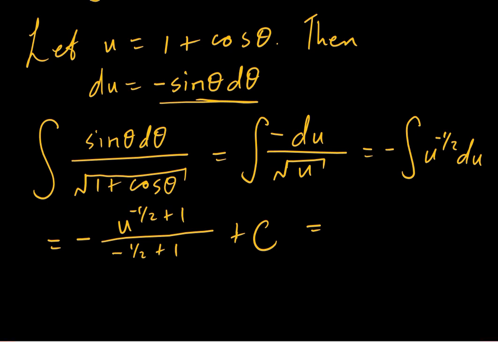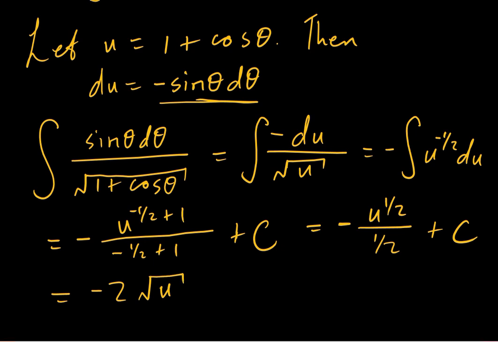So we end up here with negative u to the power half all over half plus c. Further simplification, this just becomes negative 2 square root of u. Remember, power half is just the square root.